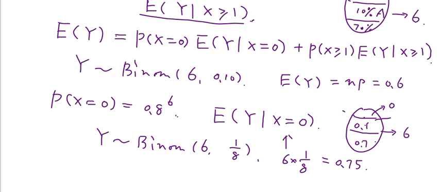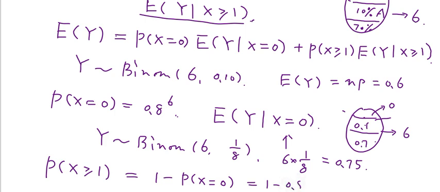Finally, we check the probability that x is at least 1. This is also easy: it equals 1 minus P(x equals 0), so 1 minus 0.86.